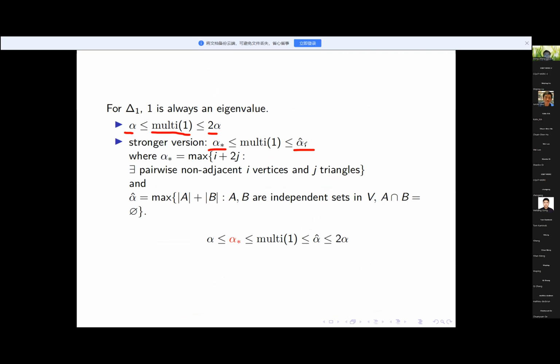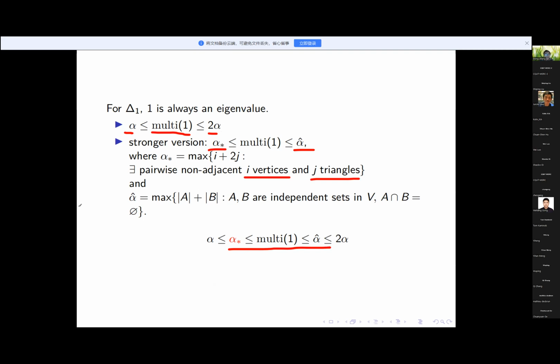I just want to explain alpha star. Alpha star is the maximum of i plus 2j, such that there exist i pairwise non-adjacent vertices and j triangles. From this, you can show that the stronger variant gives a refinement of this inequality.